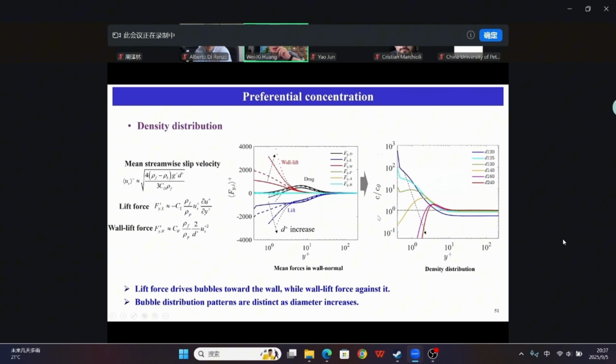As a result, for the different bubble sizes, we can see that for the small bubble, the near wall density is high. But as the diameter increases, the near wall density decreases significantly, and they show a kind of peak at the near wall position. So this also shows some qualitative difference.